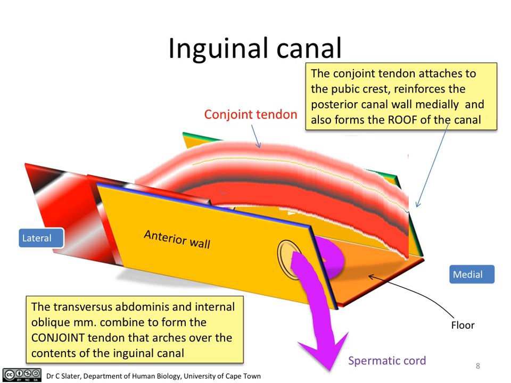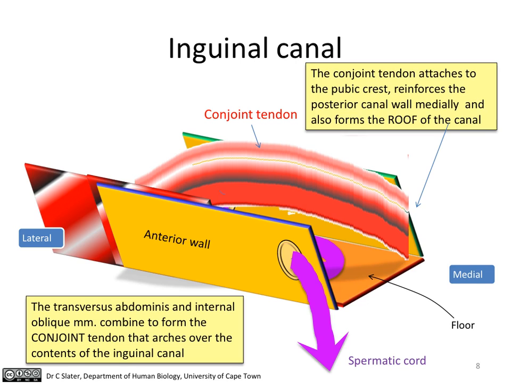Now, these muscle fibers combine to form a tendon known as the conjoint tendon. And this tendon arches over from lateral to medial, forming the roof of the inguinal canal.